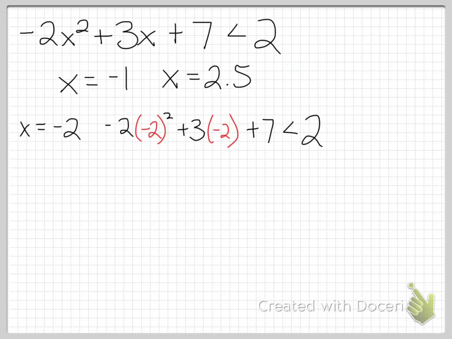So negative 2 squared, according to your order of operations, start with the exponent. Negative 2 times negative 2 should give you a positive 4, times a negative 2 would give you a negative 8. And then 3 times a negative 2 is a negative 6, plus 7. So negative 8 minus 6, we're looking at a negative 14, plus 7. That's going to leave us with a negative 7.